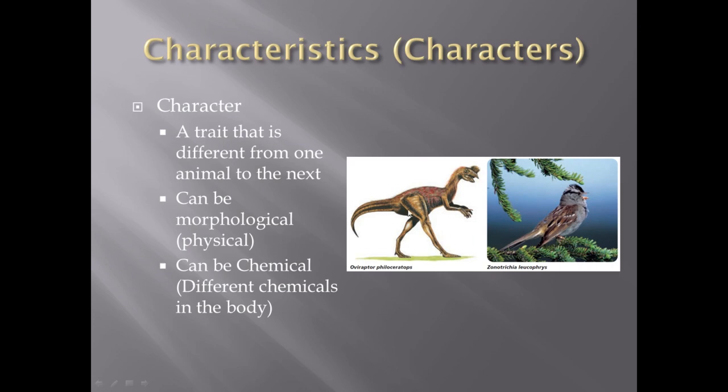Now, there's a lot of morphological differences between these two animals. That's just basically physical differences between them. Obviously, this guy's going to be taller. This guy's smaller. This guy has a beak. This guy kind of has a beak, but not really. This guy has a weird little mohawk thing going. So does this guy. So there are some similarities, but there are also lots of differences too. The differences can also be chemical as well. So you can look at two animals and they might have different chemicals they can create.